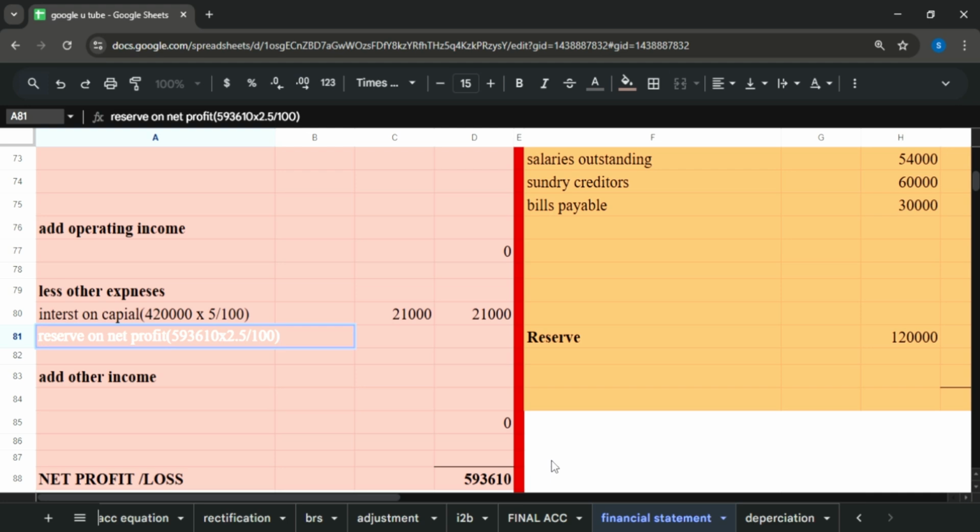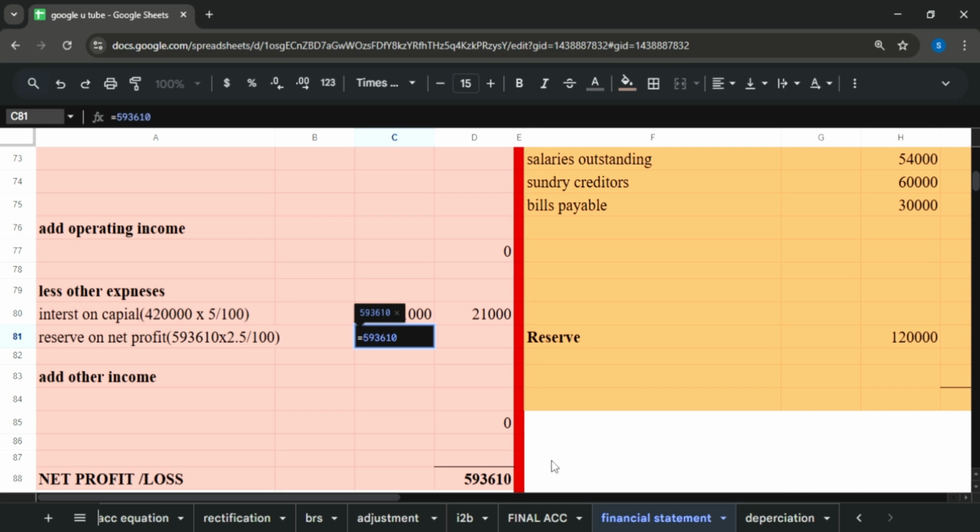Okay, so how you have calculated, please note it down. 593610 was your net profit, and you will multiply it with 2.5 divided by 100, which was mentioned in adjustment. Now we have got our reserve. There are now two amounts.